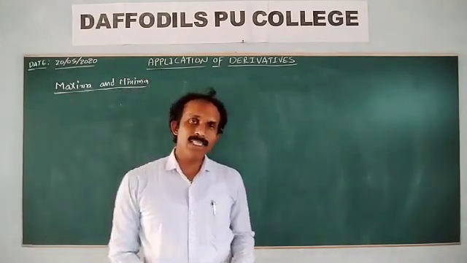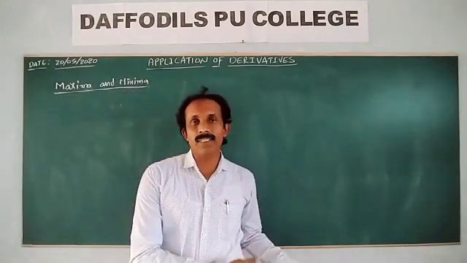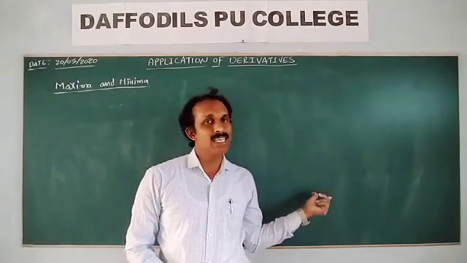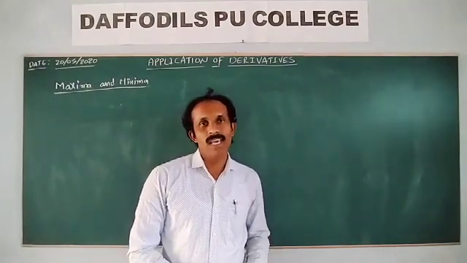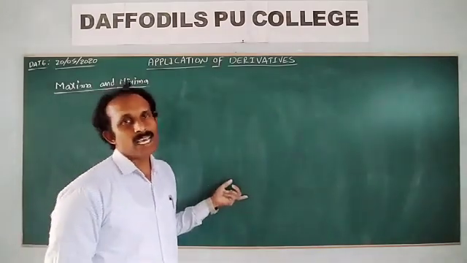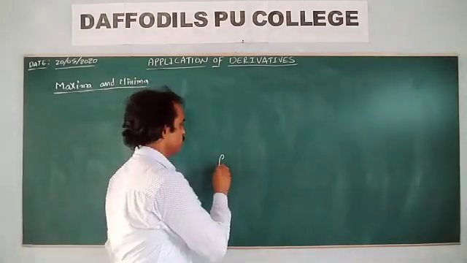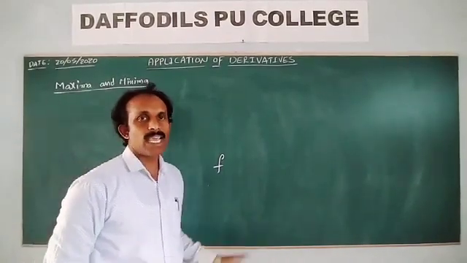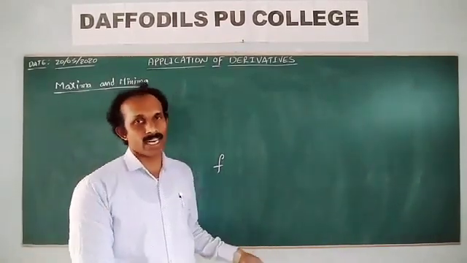Suppose f has a maximum value or a minimum value, then f is said to have an extreme value. The point c is called an extreme point. That is nothing but another name.